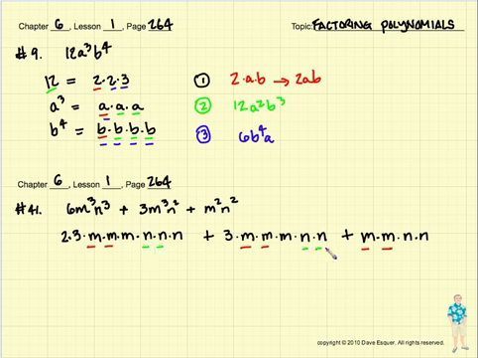I think there's a set of n's here, set of n's there, there's a set of n's there. We can't take out the 2 or the 3 because nothing appears in this third term way over here. So what we're going to factor out is m squared n squared.